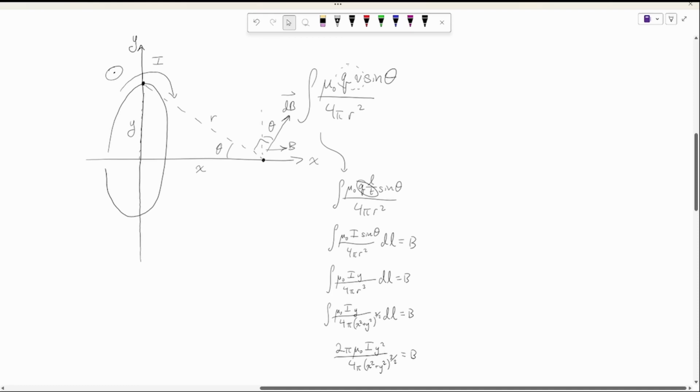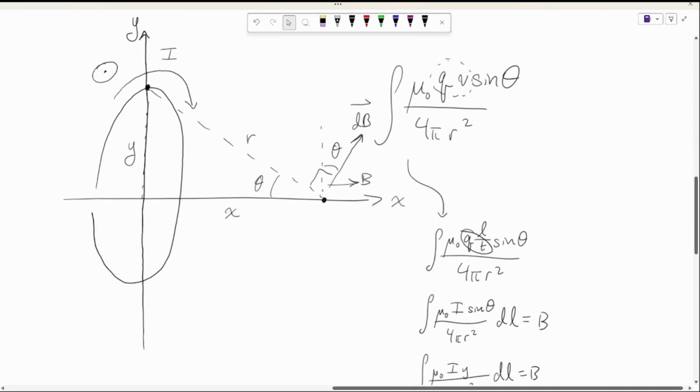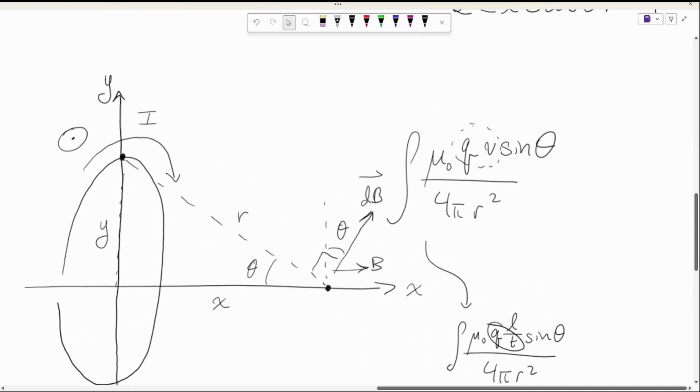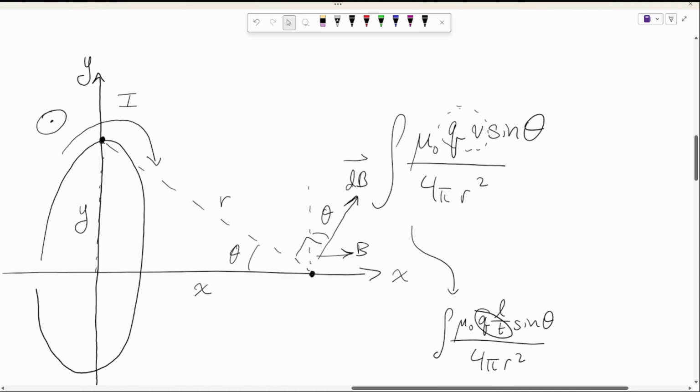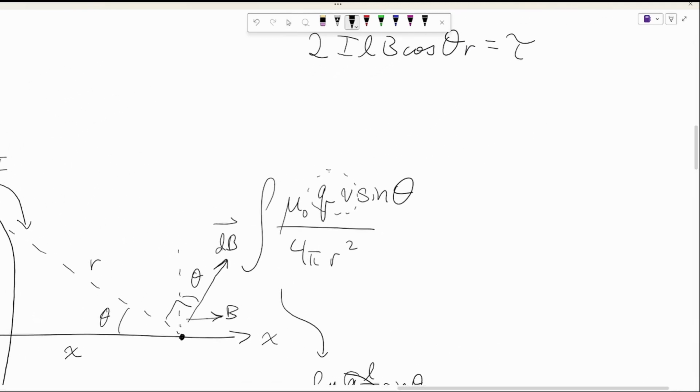What's the V? V is the velocity of the charge. So we started from the formula for field from a moving point charge, which is QV cross r hat, over 4 pi r squared.